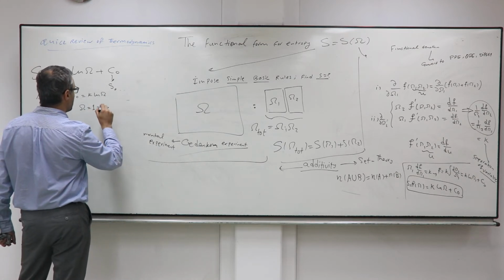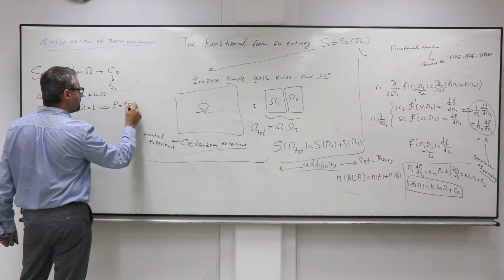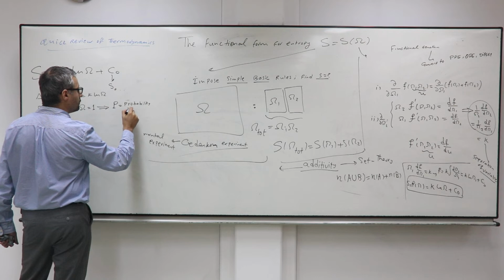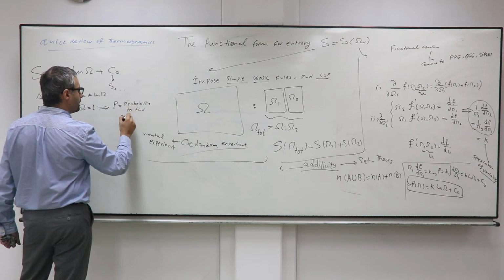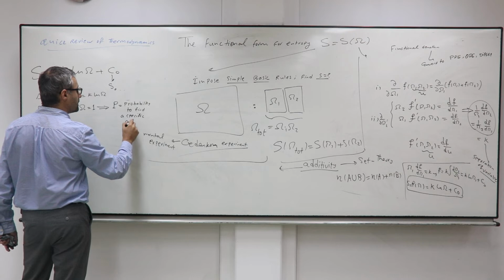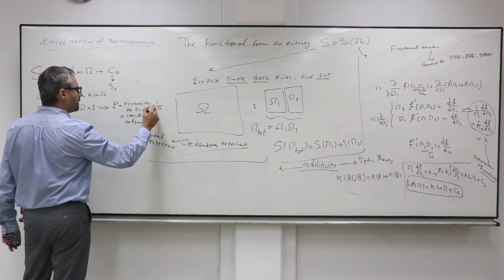So even if all have the same statistical probability, from here you can define something like the probability to find a specific configuration for the system, which is 1 over omega also.